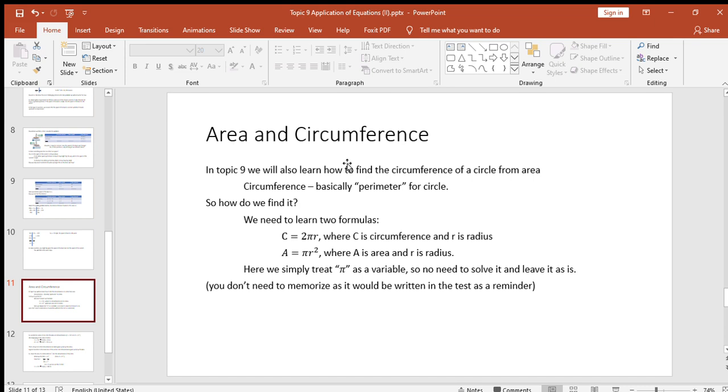So how do we find it? Well, there's no arithmetic, brute force way where we just add all the sides like when we're finding the perimeter of a polygon. To find the circumference of a circle, we have to use a formula.